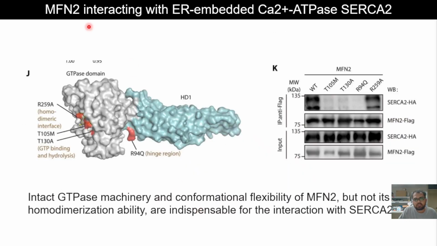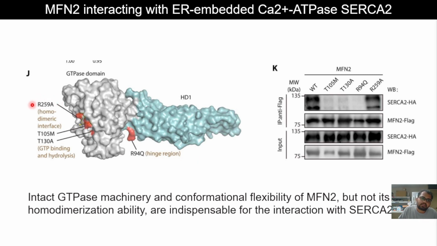Now, the question they were asking was exactly what part of the MFN2 structure is interacting. Here we can see the protein structure of MFN2, and there are various regions which are involved in different interactions.